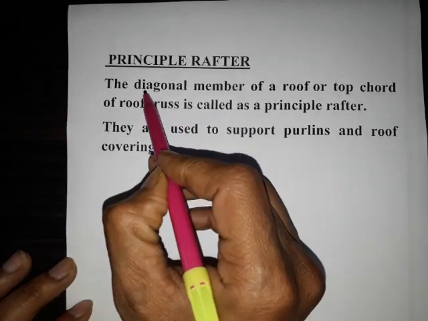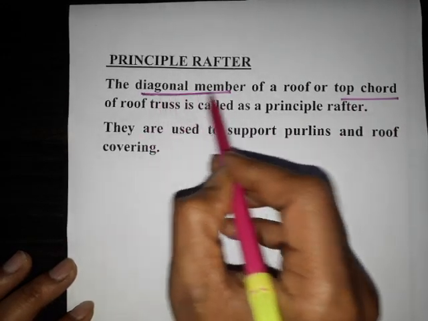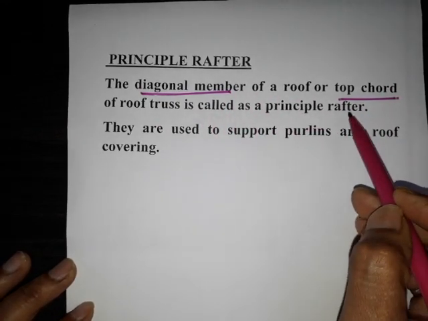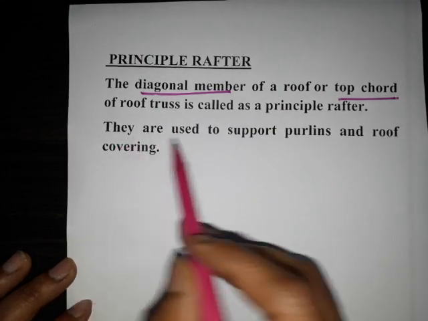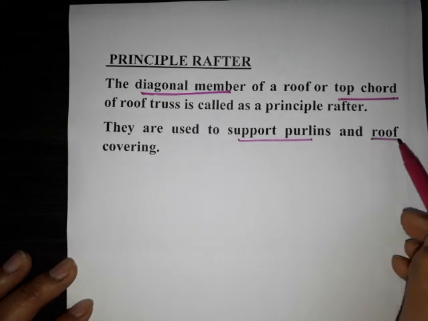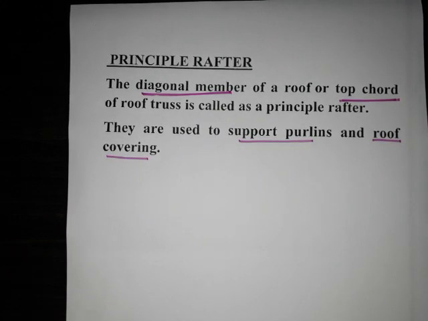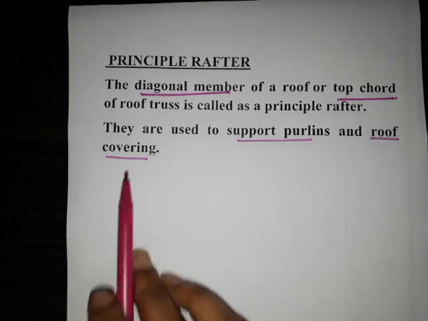Generally the principal rafters are used to support purlins and the roofing material or roof covering. So the principal rafter is a diagonal member or a top chord of the roof truss, and basically it is used to support purlins as well as the roof coverings.